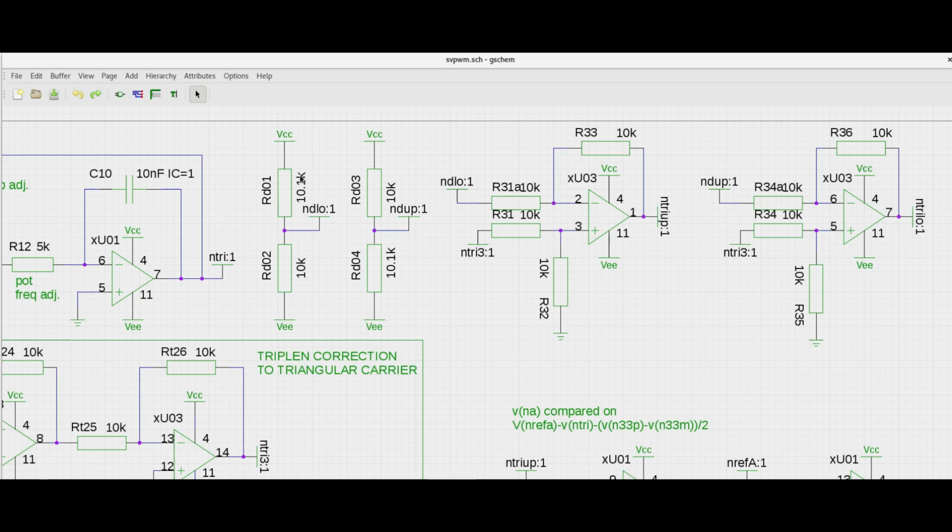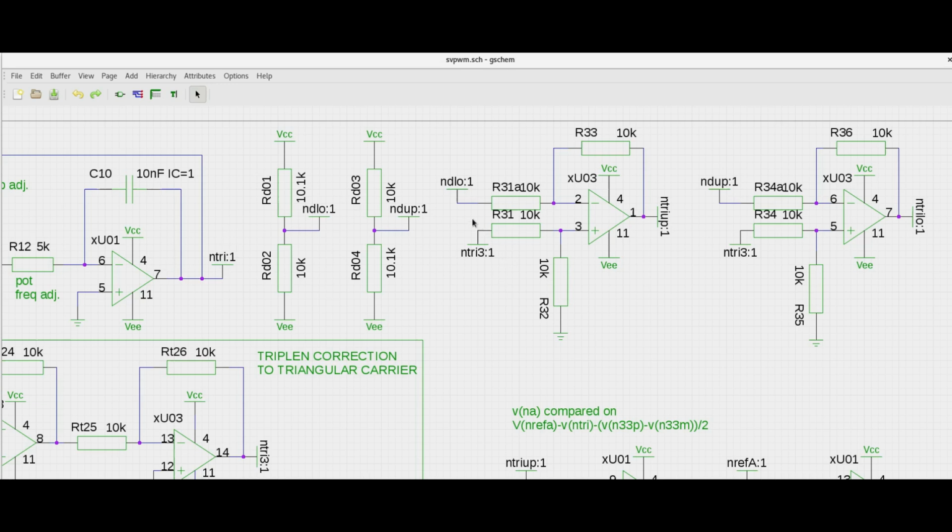One is 10.1K: the upper resistor is 10.1K in one case, and in this case the lower resistor is 10.1K. So this will be a slightly higher value, and this a slightly lower value compared to 0, because this is positive and negative. The higher and the lower values I am going to add to this triangle.